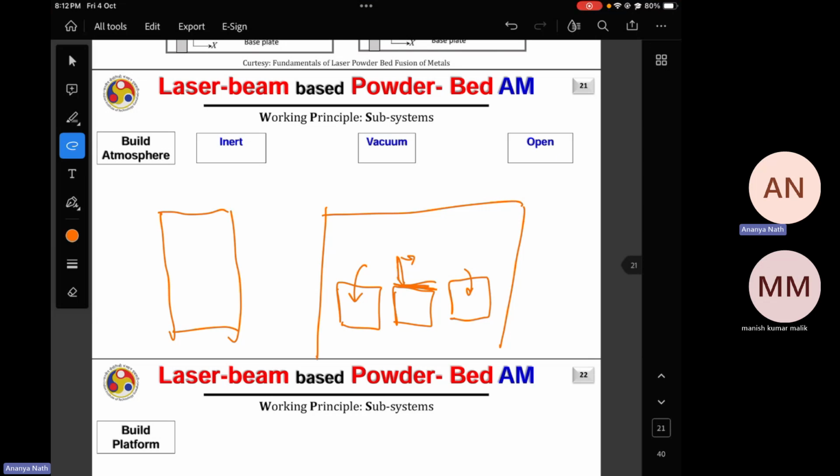In DED, as DED setups are way bigger, I have talked about it already, DED has a shrouding gas which maintains the shape of the building process. But in case of LPBF, it's different.